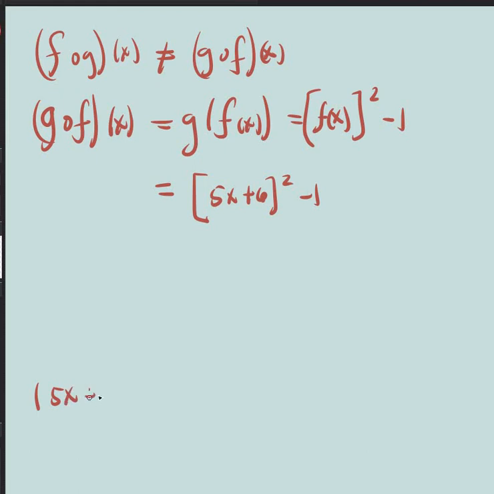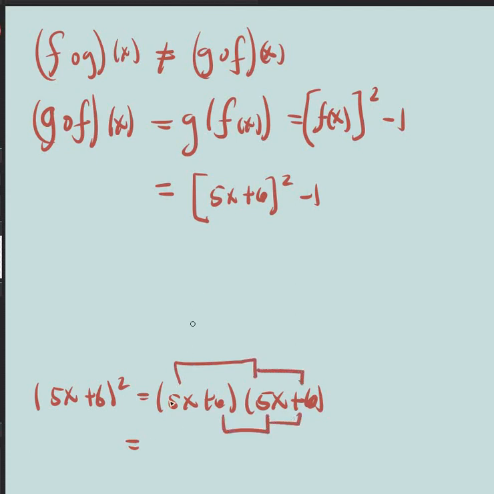5x plus 6 squared is the same as 5x plus 6 times 5x plus 6. Whatever that is, we apply FOIL: first, inner, outer, last. Then you will get 5x times 5x is 25x squared, and 5x times 6 is 30, and 6 times 5x is 30, so it's going to be plus 60x, and 6 times 6 is going to be plus 36.